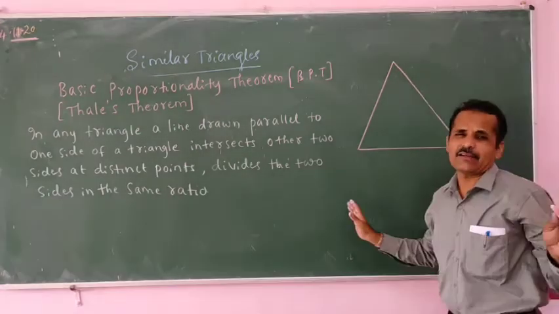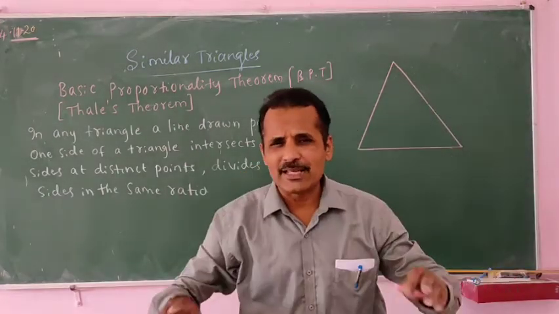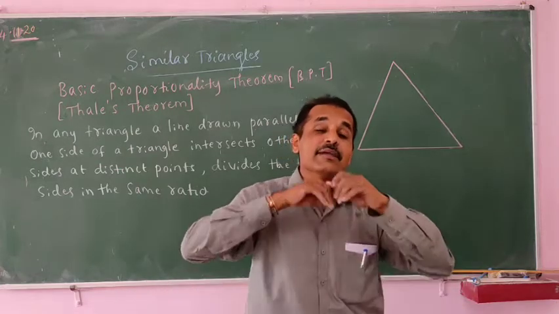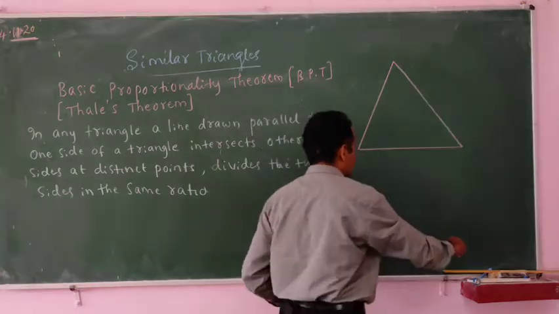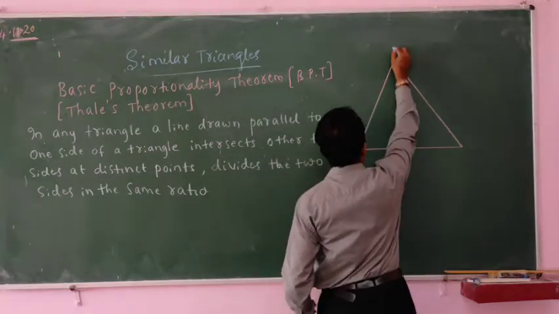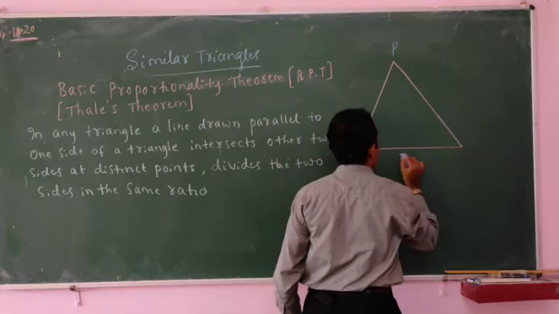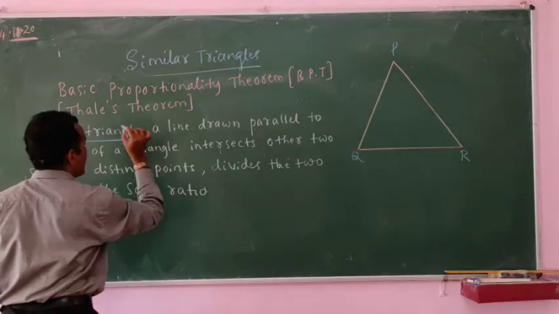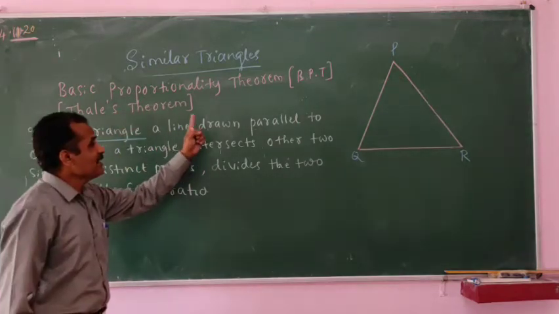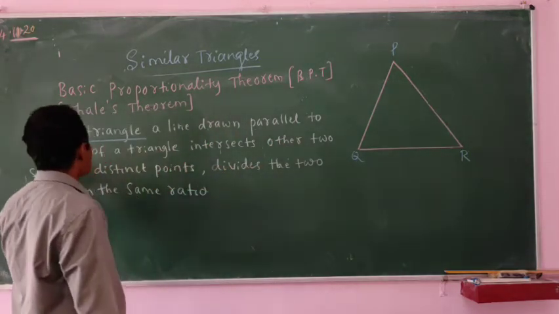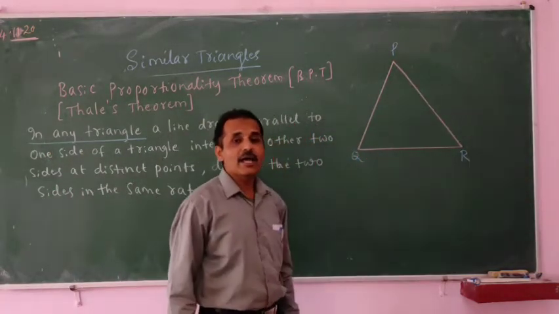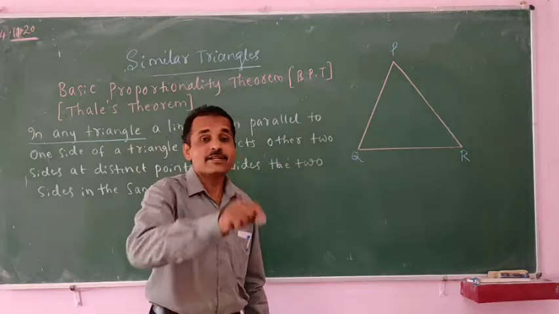This is any triangle. I am not saying that it is isosceles, equilateral or scalene, nothing. It can be any triangle. I will call that triangle PQR. See, in any triangle, a line drawn parallel to one side of the triangle. I have to draw a parallel line to any one side.